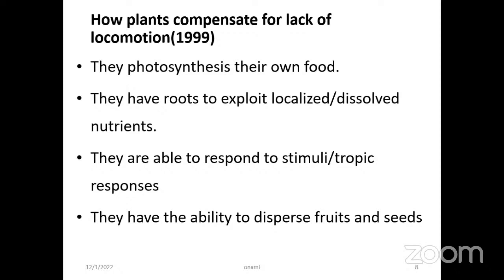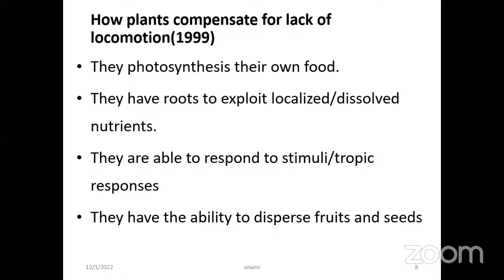Plants are able to respond to different types of stimuli. Now, a stimulus is a change, and this change can be internal or external. For example, an internal stimulus can be you feeling hungry, and you want to respond to it by taking food.